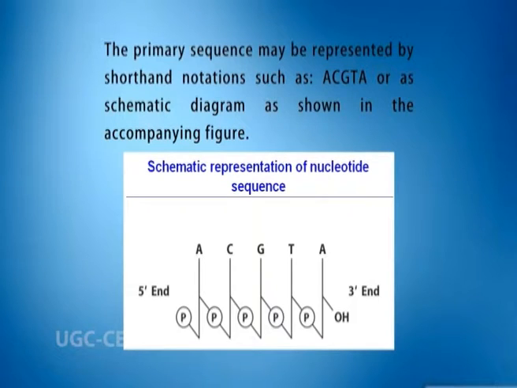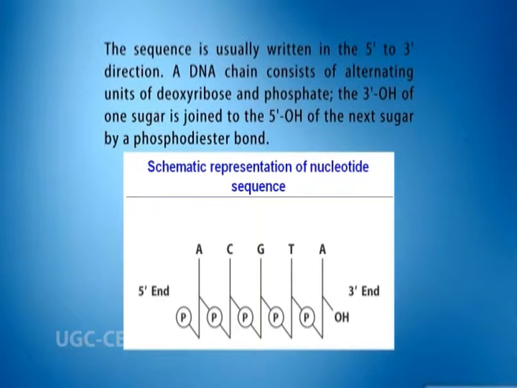The primary sequence may be represented by shorthand notations such as A, C, G, T, A, or a schematic diagram as shown in the accompanying figure. The sequence is usually written in the 5' to 3' direction. A DNA chain consists of alternating units of deoxyribose and phosphate.